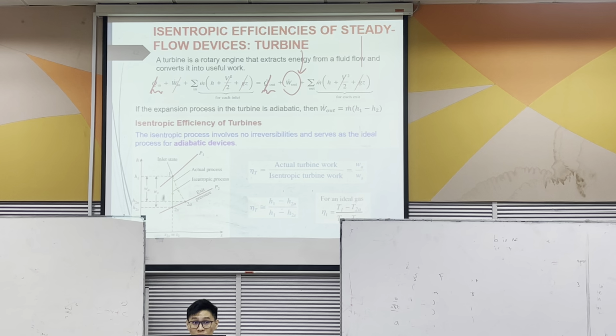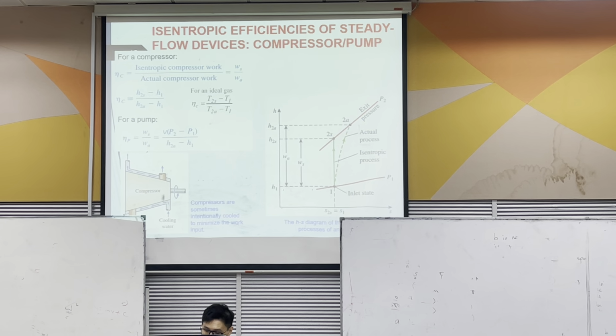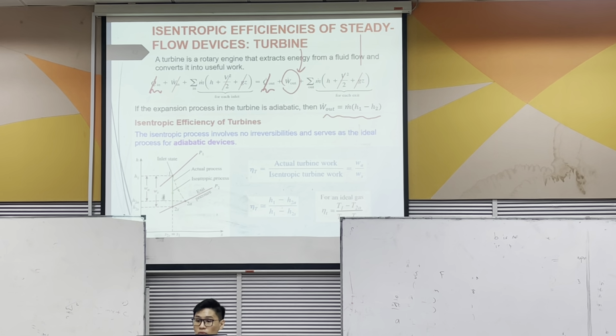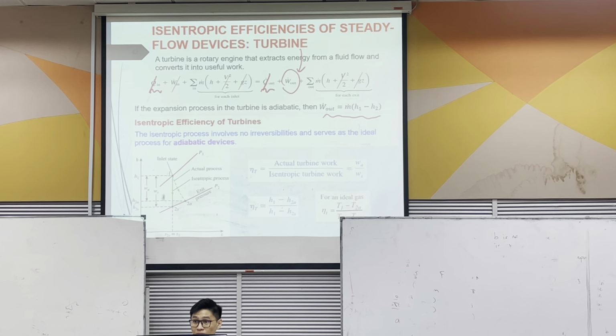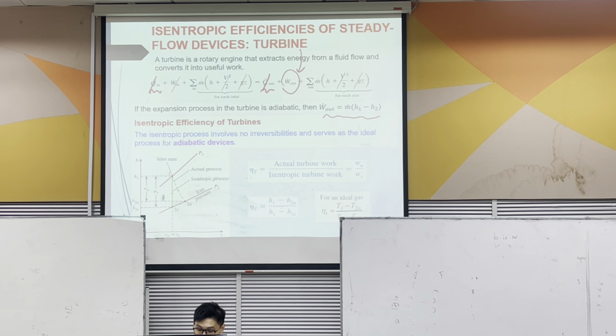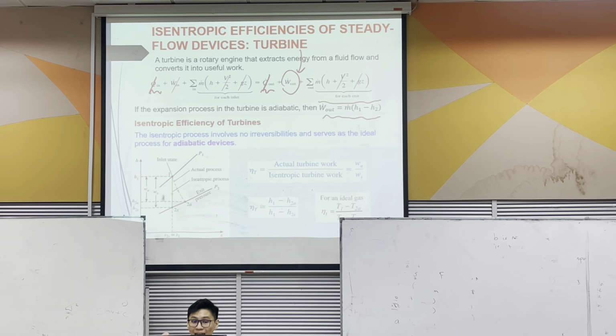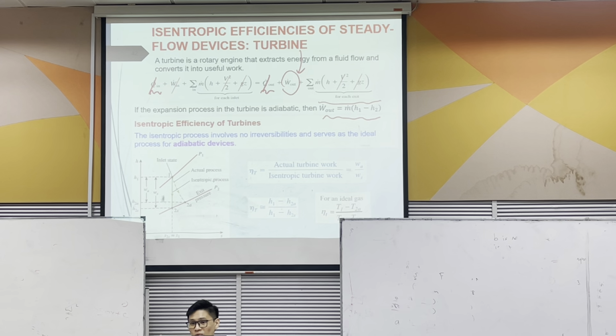If it is an ideal process, we don't want these two, which means we are then left with work out equals delta H. Make sense so far? So this is the ideal case that we want. This ideal case will mean that during this process, we are getting an isentropic expansion process.